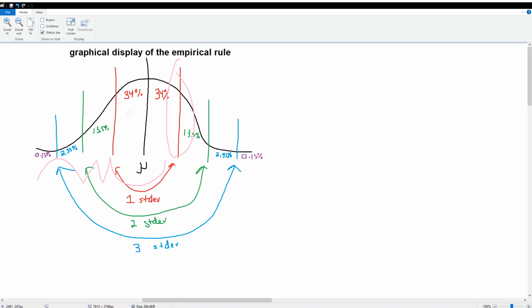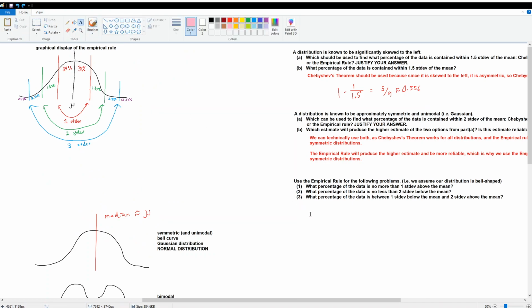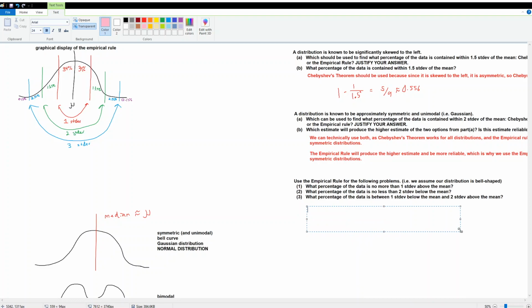So we're going to add up all these numbers. So for part 1, we'll have 0.15% plus 2.35% plus 13.5% plus 34% plus 34%. So 84%.